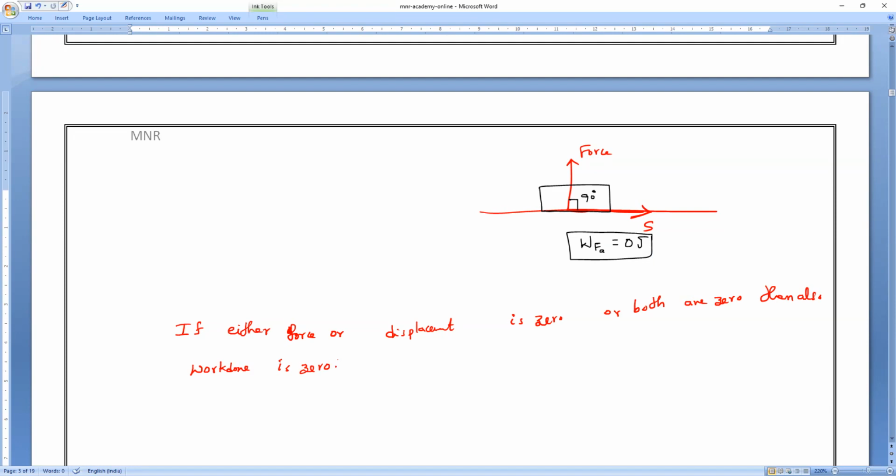This much slowly, neatly, clearly teaching, the only purpose is you have to understand and carry it forward for the future. That is the importance, because work and energy, class 11, volume 1, chapter number 6, work, energy, power.